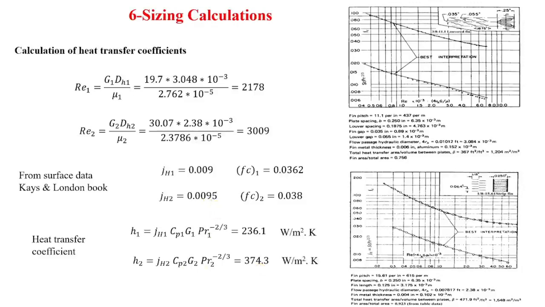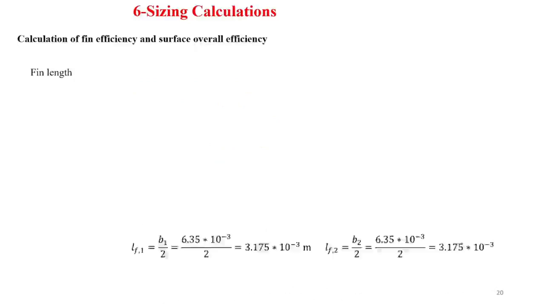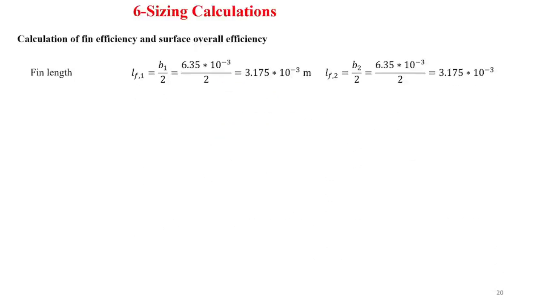Now, since we know the heat transfer coefficient for side 1 and for side 2, we can calculate the overall heat transfer. But before that, we have to calculate the fin efficiency and the overall surface efficiency. For these two surfaces, we are going to assume that the length of the fin is going to be the spacing divided by 2 for either surface 1 and surface 2.